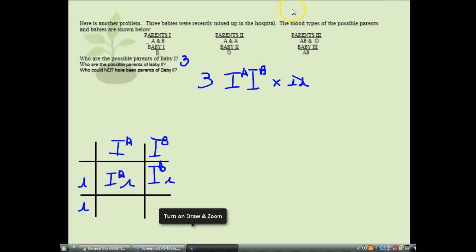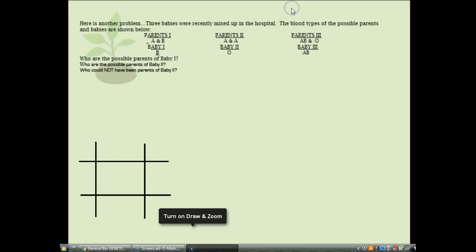I have to erase the screen to give us some more room. So let's take a look at baby 3. We know that baby 3 can only have the AB combination.